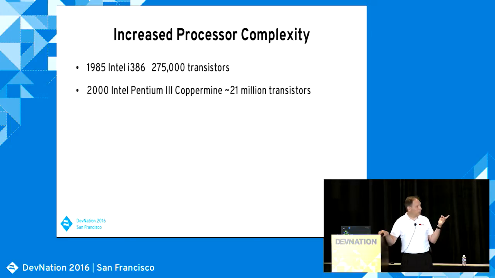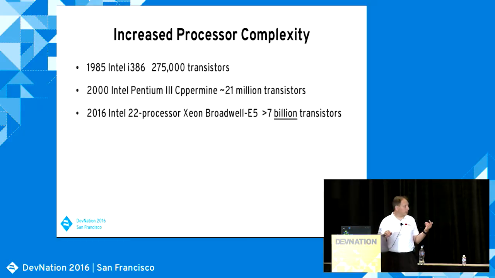It has 21 million transistors in it. More transistors, right? And then more recently, 2016, the 22 core Xeon Broadwell E5 has 7 billion transistors in it. We're talking about 28,000 times more transistors? That's a lot. They're going to be doing something with that.